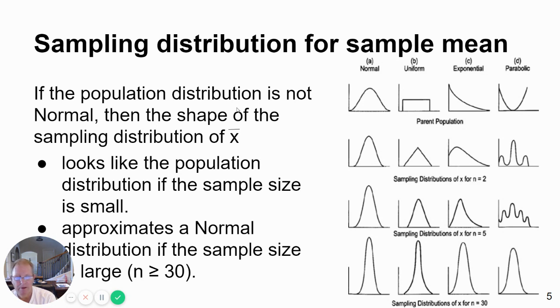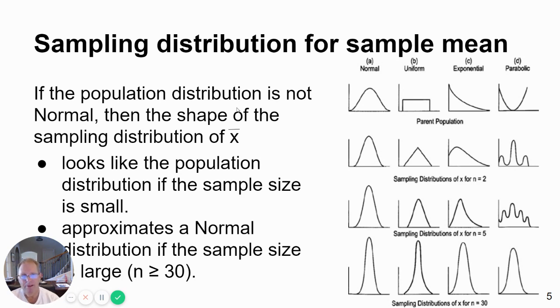Remember, we saw that in my little simulation at the beginning. But the sampling distribution approximates a normal distribution if the sample size is large. And here we're going to say that the sample size is considered large if it is greater than or equal to 30.